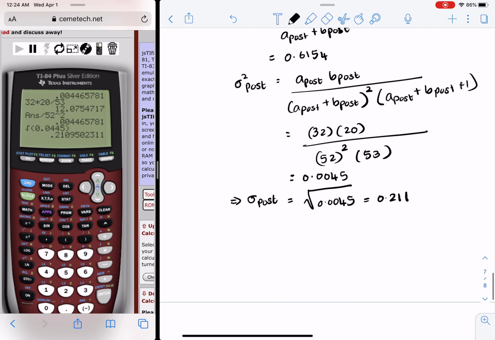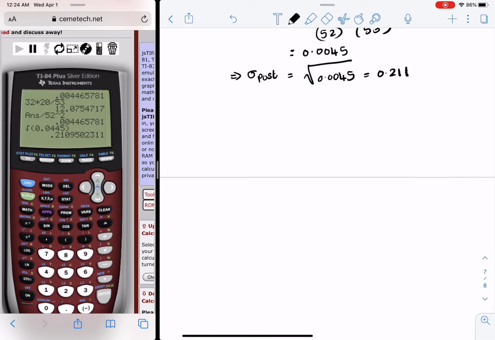So let's say we're using a normal approximation. We'd like to know the probability that theta is going to be greater than 0.8. So we could use normal CDF because we are doing a normal approximation. 0.8, the mean is 0.6, the standard deviation is 0.211.